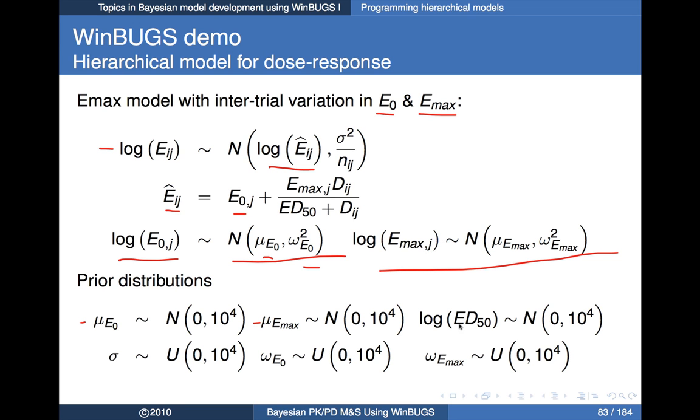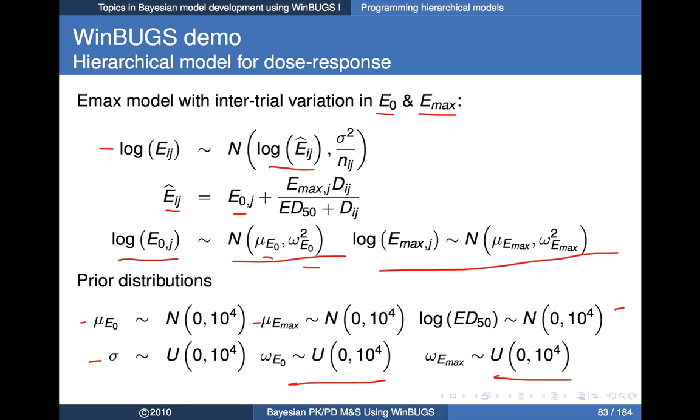And then for our ED50, same deal, our log of ED50. Sigma will be uniform 0, 10 to the 4th. And in fact, we'll do the same thing all the way across on all the variances. We'll just make them all uniform 0, 10 to the 4th for our prior distributions. So they're all very weakly informative.